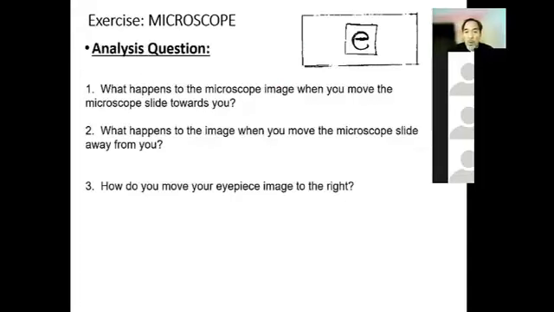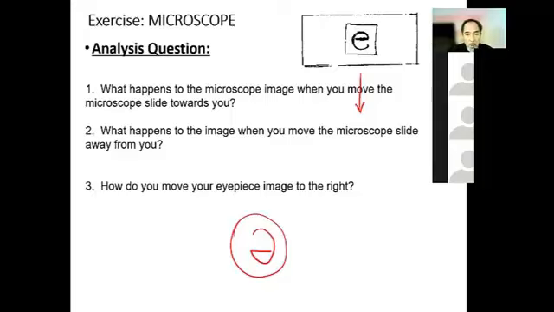All right. So what happens to the microscope image when you move the microscope slide towards you? If you're looking at the microscope, and this is the letter E, the letter E is upside down and reversed. While you're looking at the microscope, if you move the slide towards you, what's going to happen to the image?